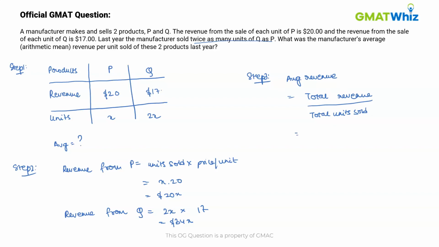Now the total revenue, as we had found out in step 2, is equal to 20x plus 34x, and the total number of units sold was x plus 2x. So this gives us 54x by 3x. Now x gets cancelled, and we know that 3 cancels 54 18 times. So the answer is $18, which is option E.